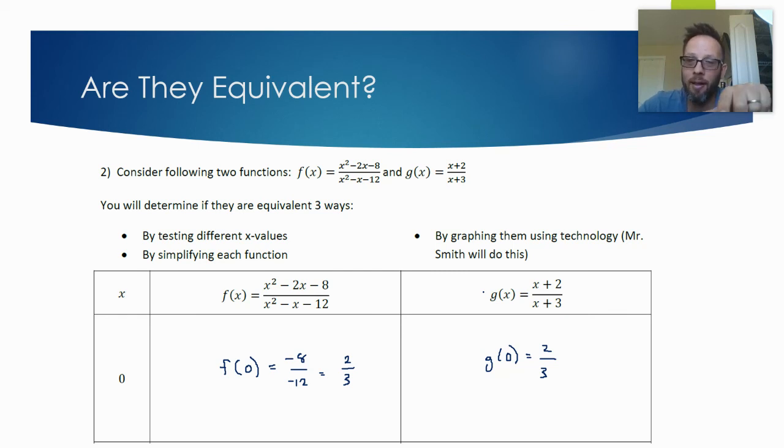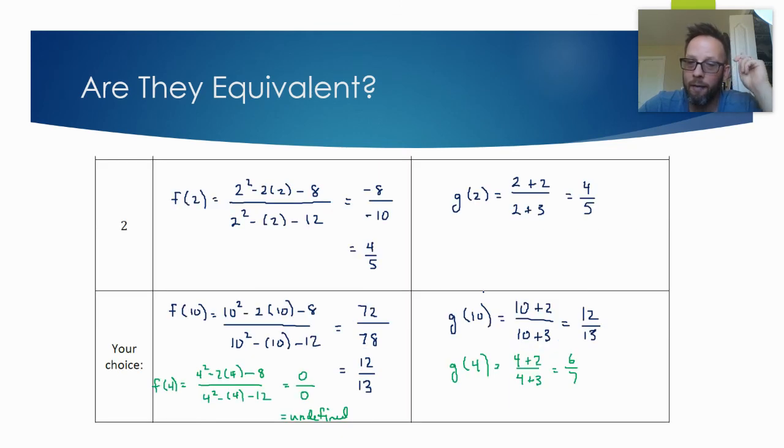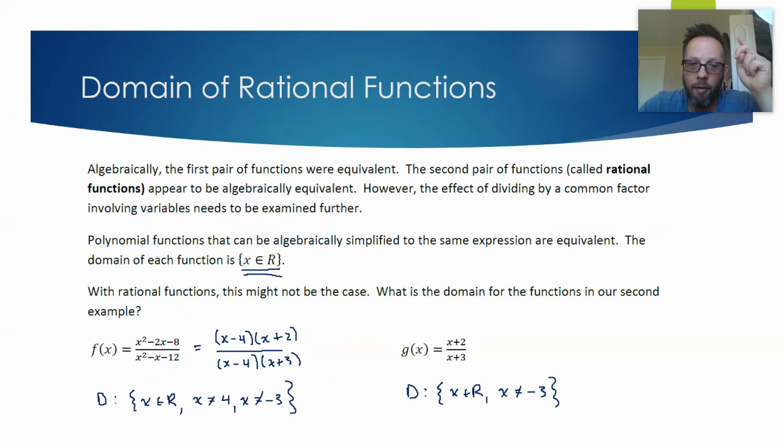Because we simplified the one on this slide and got x plus 2 equals x plus 3, except for one value, 4. So the function f was equal to the function g, except for that one value at x equals 4. So you have to get used to simplifying functions like f and stating restrictions.